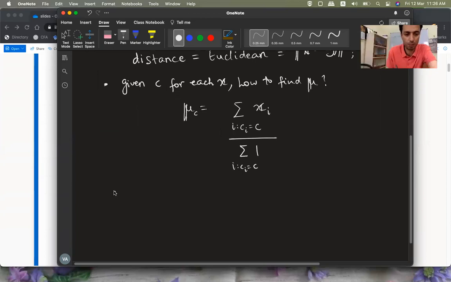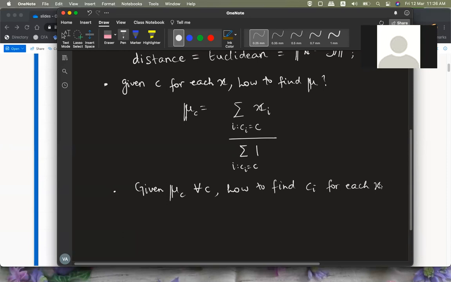Now the reverse problem. Given mu c for all the colors, you know the centroids, how to find ci for each xi? We will compare the distance from each centroid. Yes, very good.